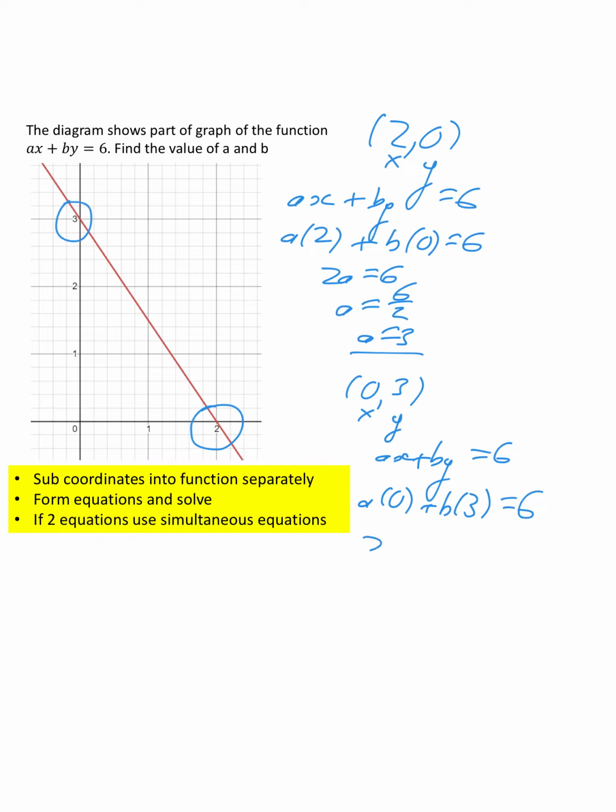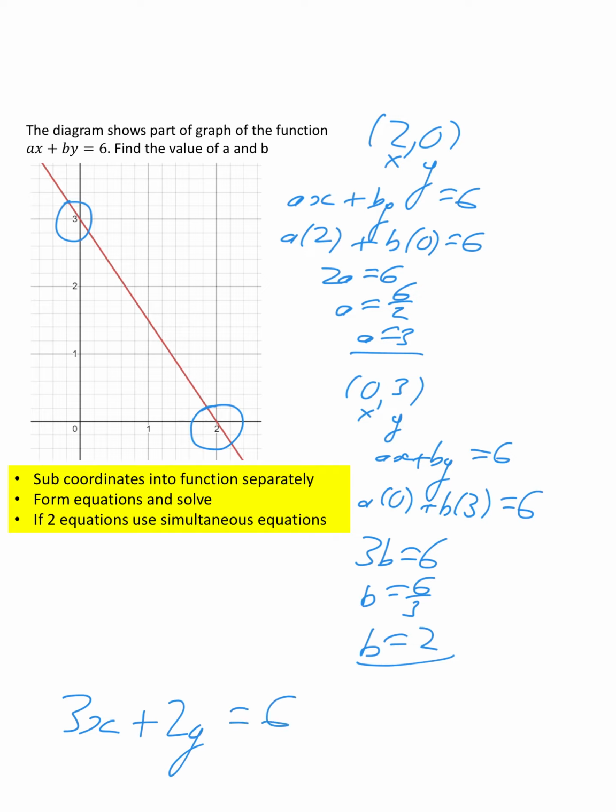B times 3 is 3b equals 6. So b equals 6 over 3, b equals 2. So our equation now, with a being 3, we have 3x, b is 2, so plus 2y equals 6. There's the equation of that function.